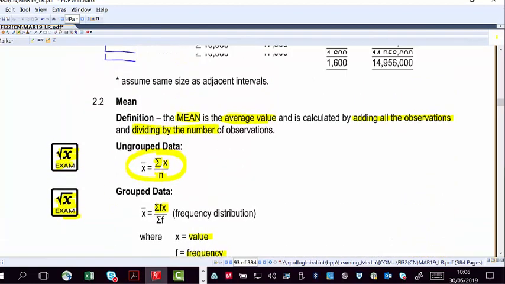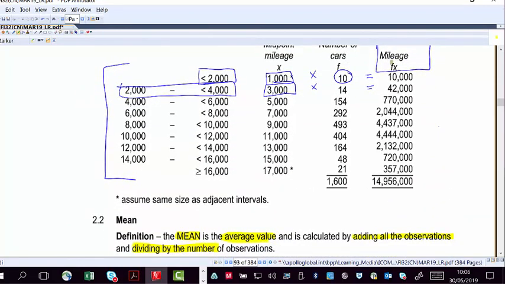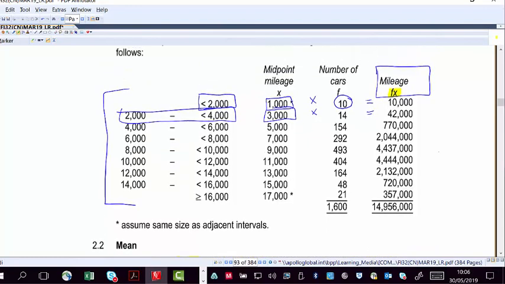So in other words, if we go back up to the table here, we're going to take fx as being the midpoint, which is x, multiplied by the frequency, which is the number of cars that drove that midpoint, and then we will multiply the two together.